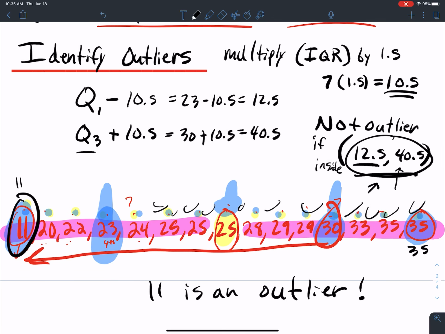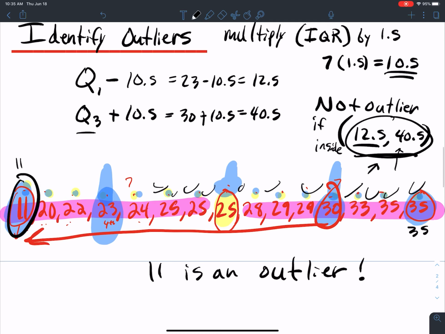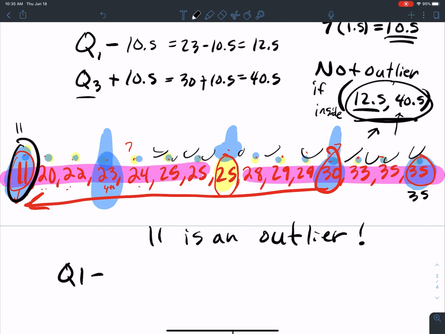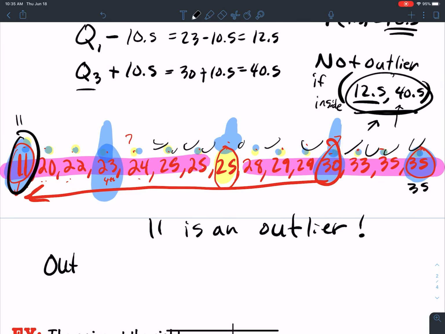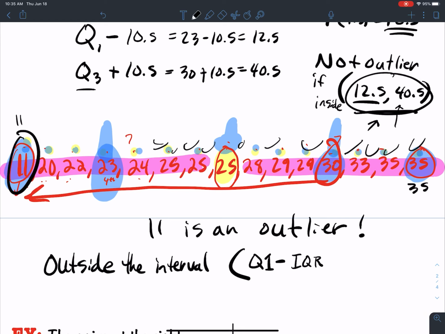So in general, to identify outliers, if we're outside this interval, let's define it like this. The lower bound is Q1 minus the interquartile range times 1.5. That's the low number.